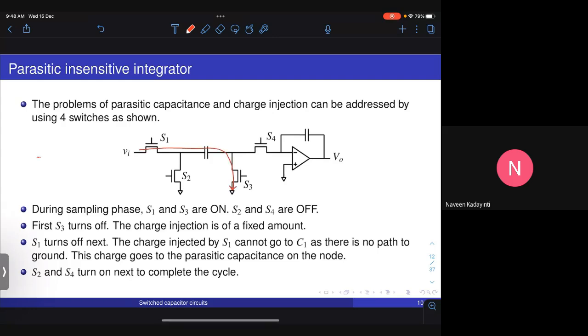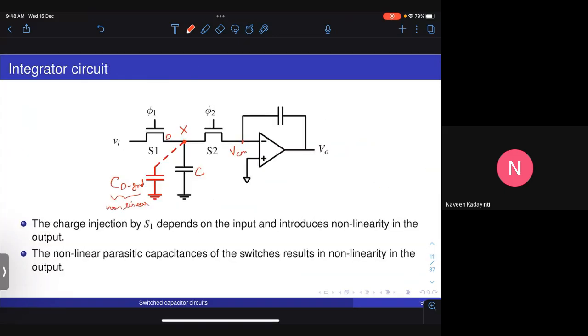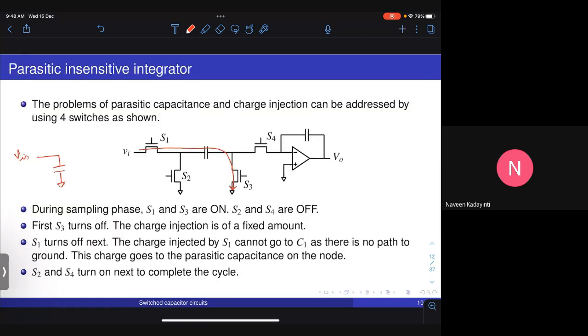So the equivalent network looks like V in to ground. When S1 closes, your equivalent circuit is V in to ground, right? And the capacitor C gets charged to V in. Only thing is here it is getting connected through 2 switches.